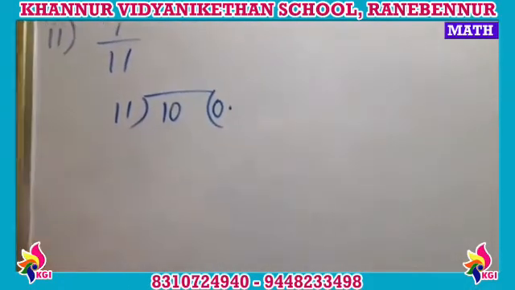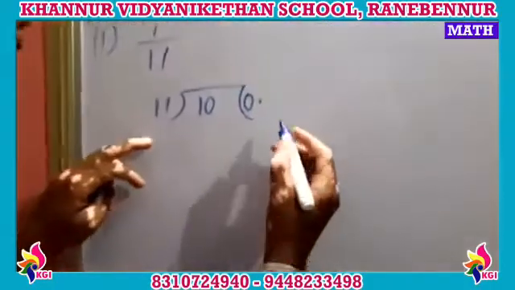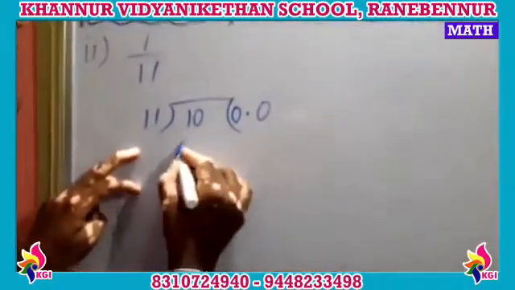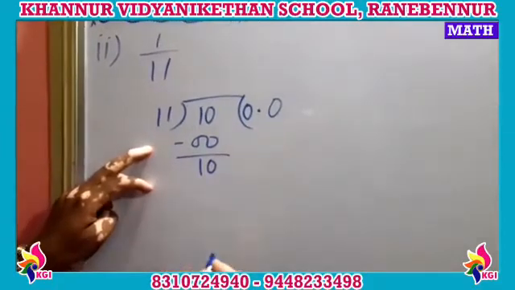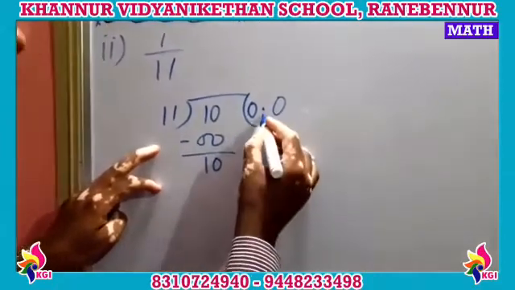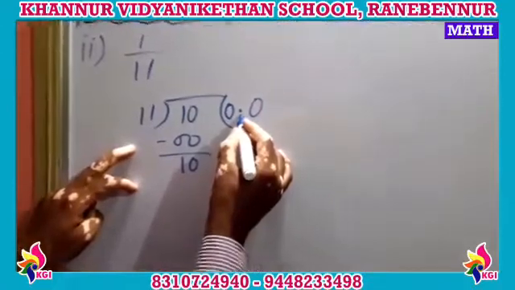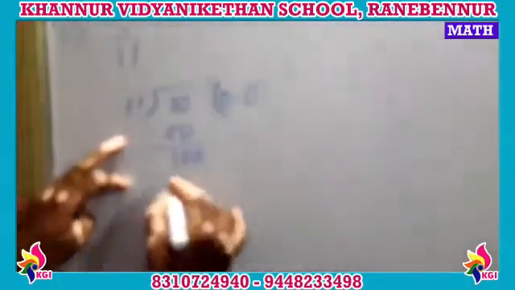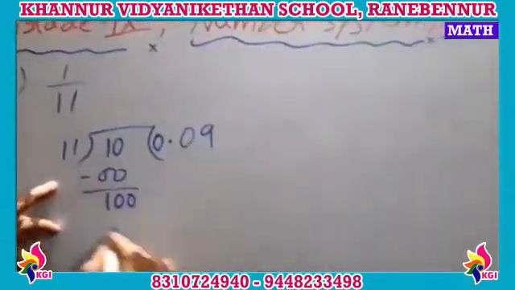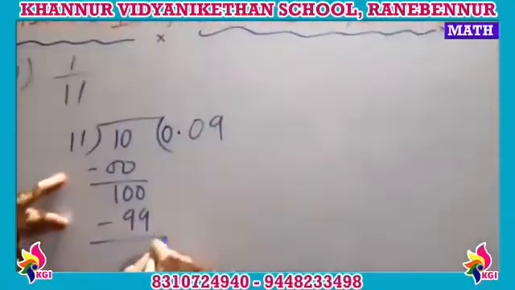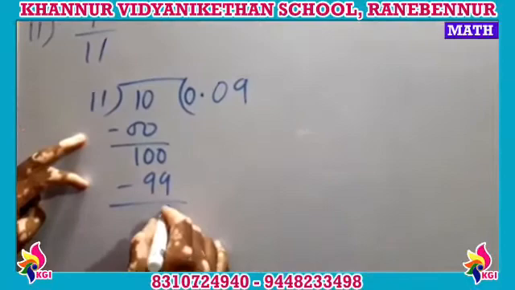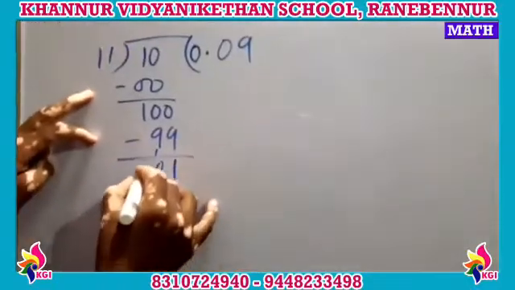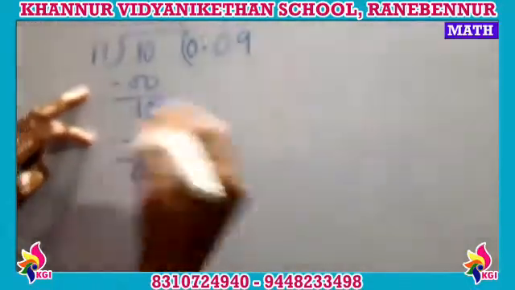So what I have to do? I know the 11 table, right? 11 zeros are 0. So 10, 0 has gone means I got a 10. So the next I have put a point, so that I can take a 0. The next 11 9s are 99. If I subtract 99 from 100, here I get a 1. So here 0 zeros.